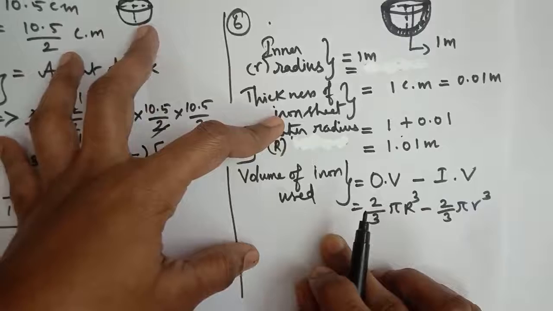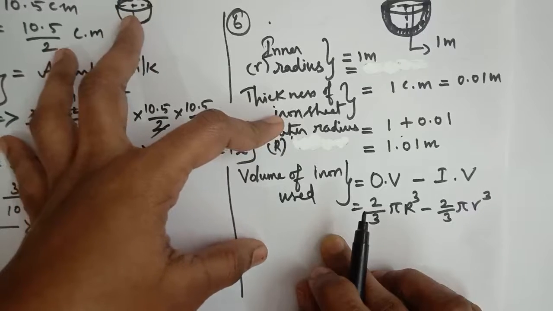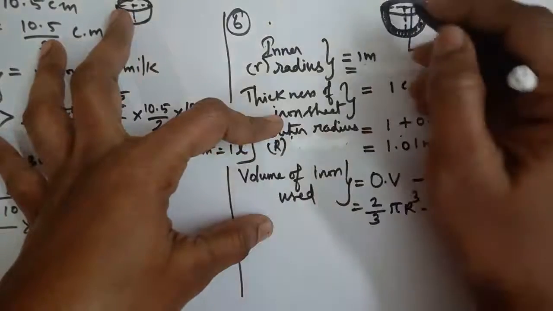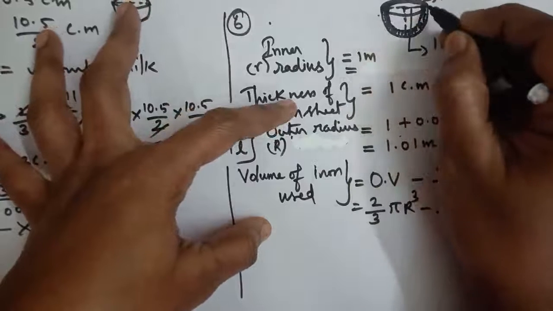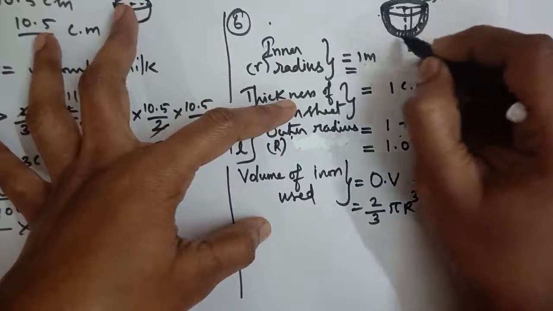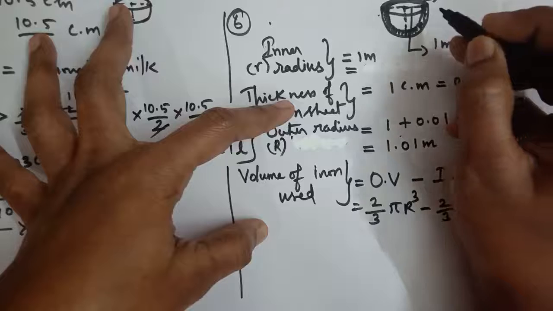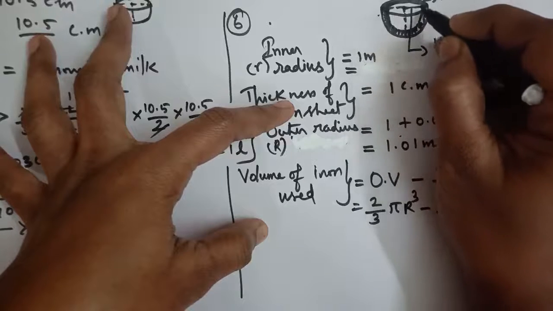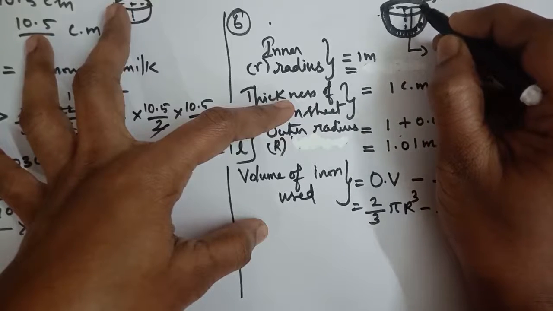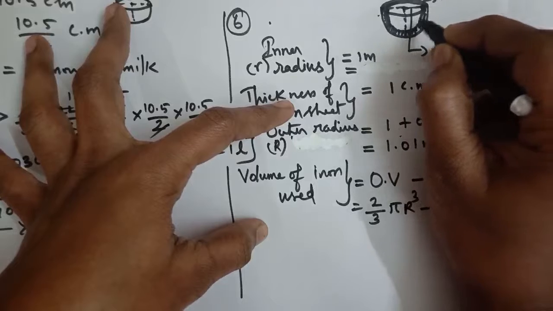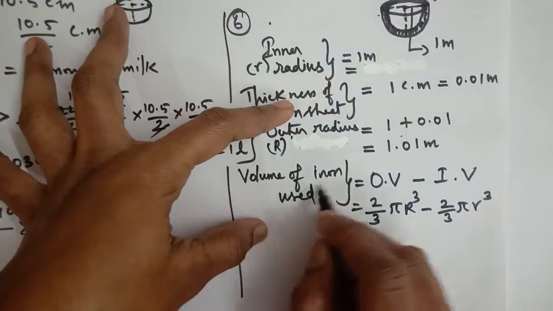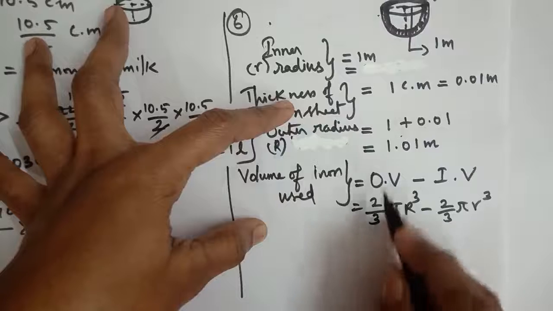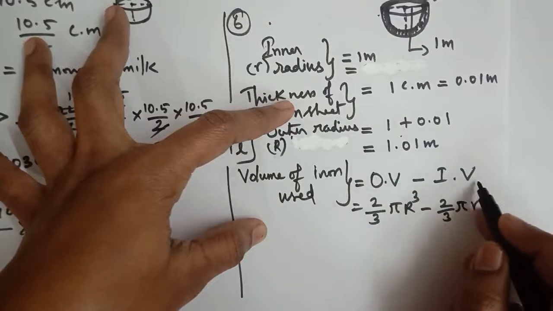Then the question is the volume of iron used. We have to find the volume of iron used. For this, first we have to find the outer hemisphere volume, and then we have to find the inner hemisphere volume. The difference is the volume of iron used, so outer volume minus inner volume. Is it clear?